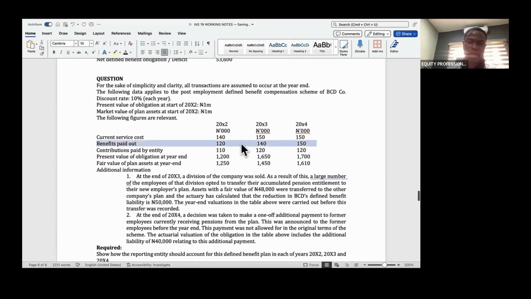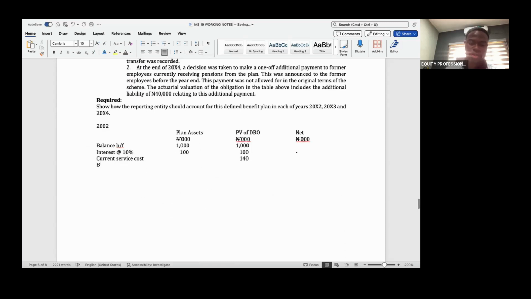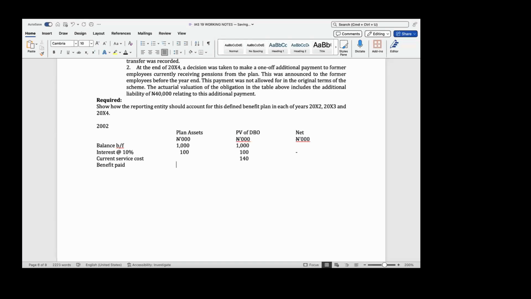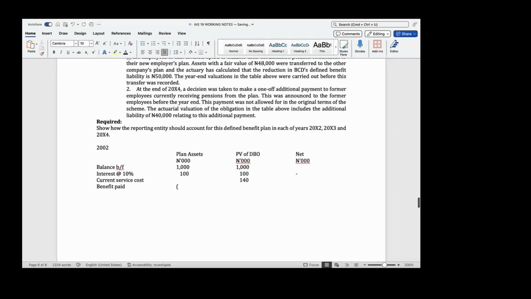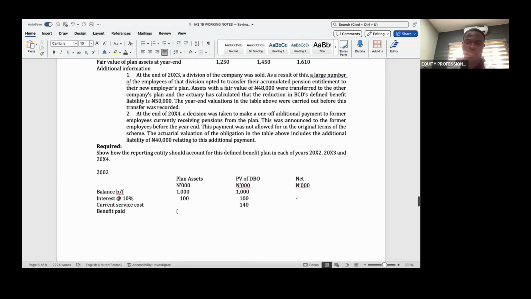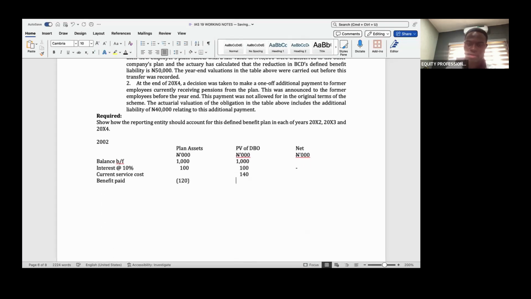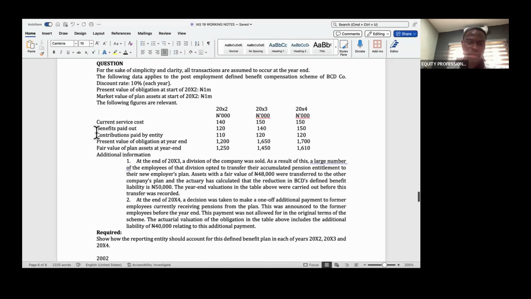Then benefit paid out, 120. Where would this one go to? PV of DBO. We deduct it from both. Good. And how much is it? 120. We'll remove it from the two. Benefit paid will be removed from the asset. It will be removed from the obligation as well. That's the benefit paid.